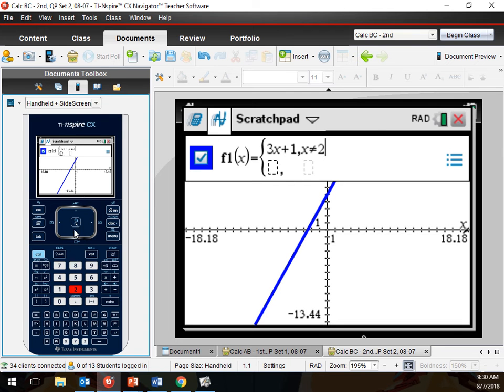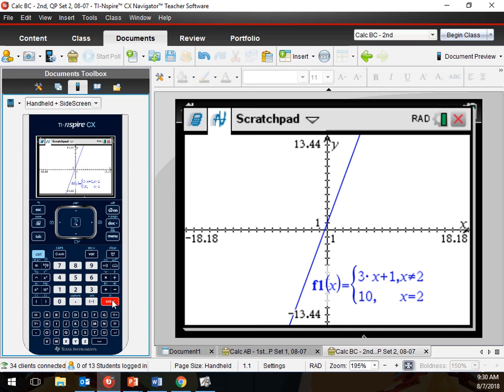And then go to the bottom part. It's going to be what? 10, where x equals 2. Okay, so x equals 2. Here's my piecewise. Enter.